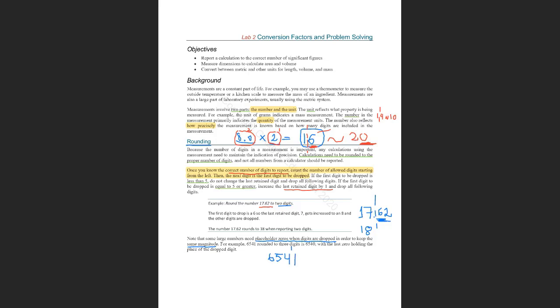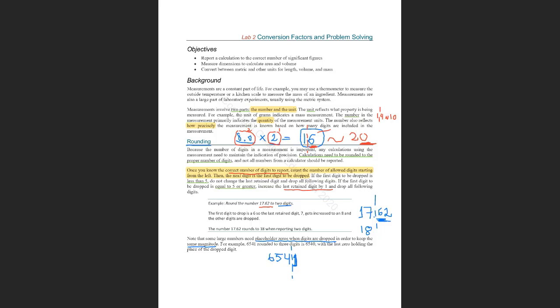If I have to round this to 3 digits, I cannot cut. I have to keep the same magnitude, right? It's not the same if somebody owes me $654 or if somebody owes me $6541. So I have to keep the same magnitude.